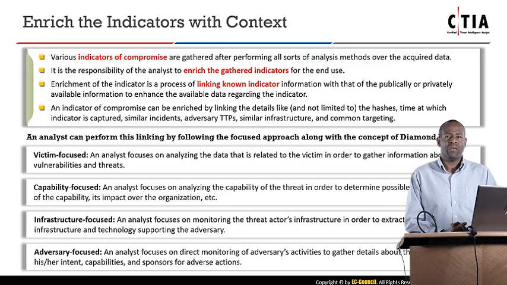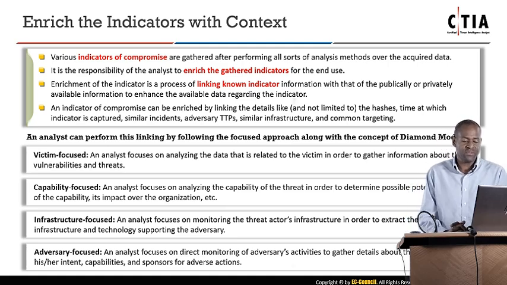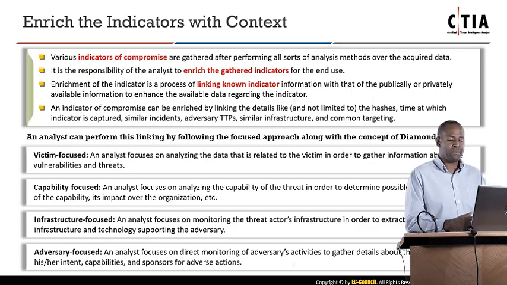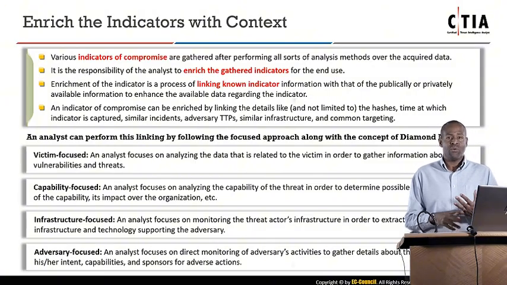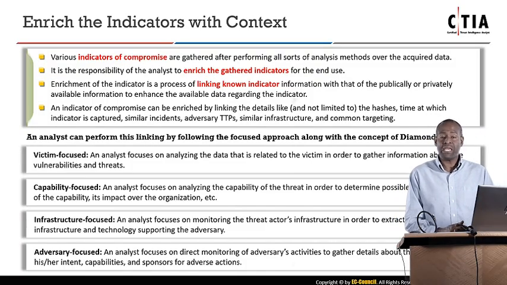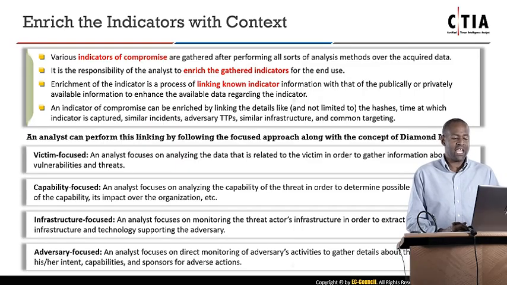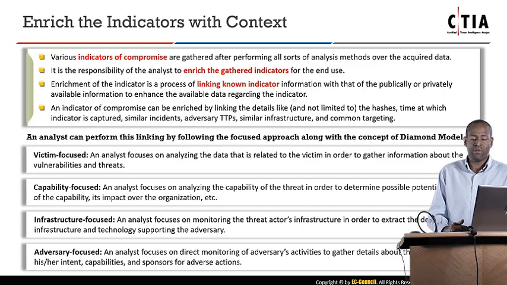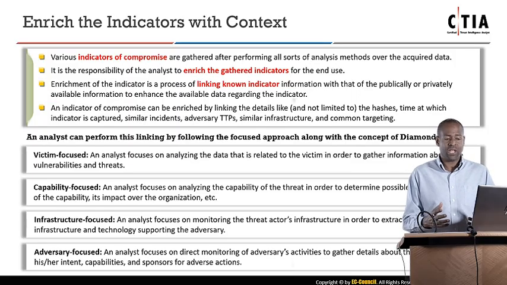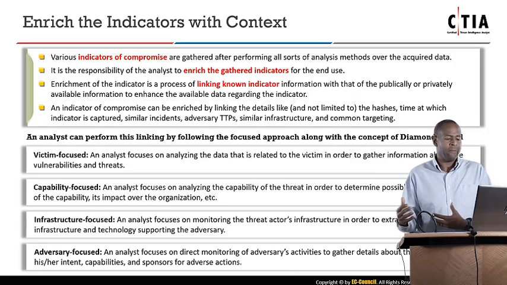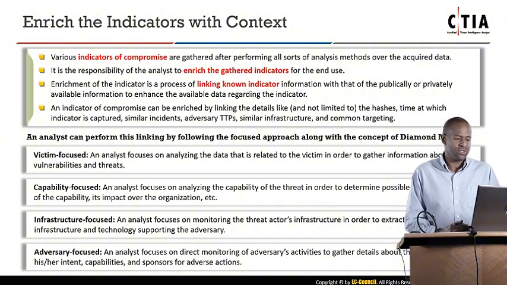So an indicator of compromise can be enriched by linking the details like hashes and IP addresses and MAC addresses with the time in which they occurred, with similar incidences, with adversary TTPs, and we're going to look at those types of indicators, with similar infrastructure, common targeting. So now we take abstract data and we link it with details to enrich those indicators.